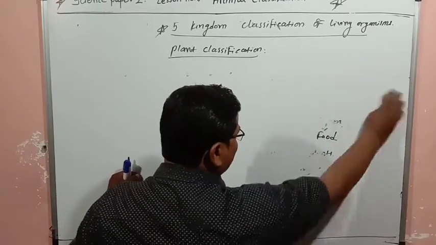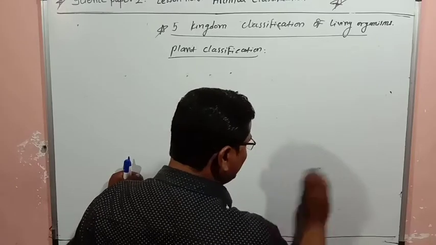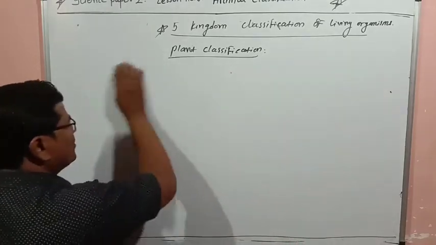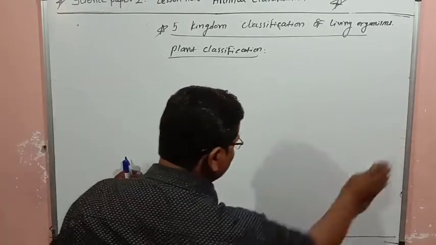Plants are classified into two main groups: cryptogams and phanerogams.